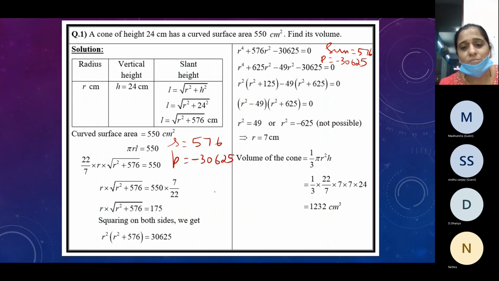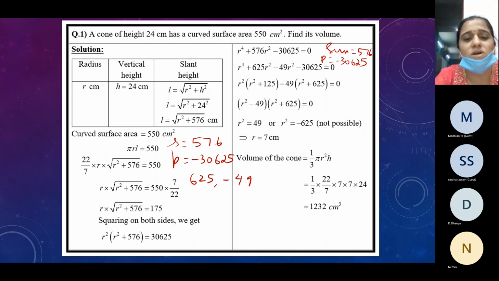So we need to find two numbers which satisfy the sum and product. And the two numbers are 625 and minus 49. Remember that in this question, when you split the middle term, both the numbers have to be perfect squares.